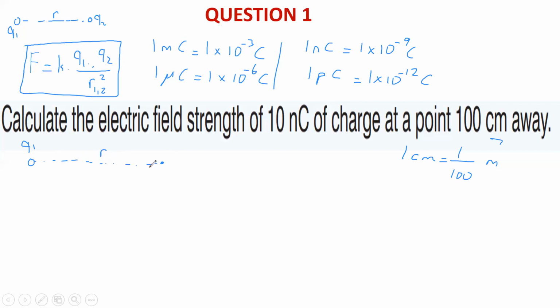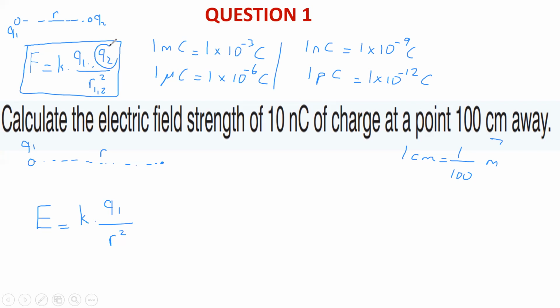Okay, as you see, we don't have a second charge. If you don't have a second charge, how are we going to calculate the electric field? E equals K times Q1 over what? r squared. That's it. As you see, Q2 is gone.